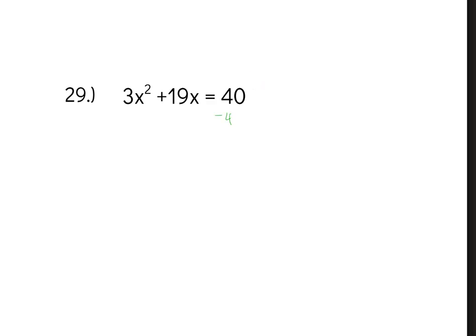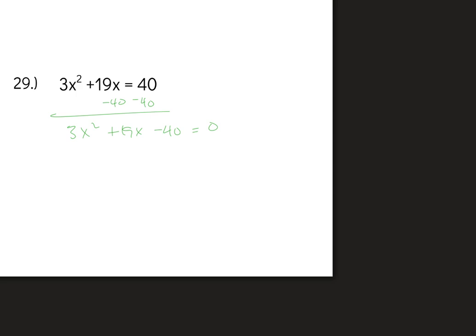Over here, I said it didn't equal 40 or 0, but we can make it equal 0. How? Subtract 40. Pretty simple. 3x squared plus 19x minus 40 equals 0. Shucks, they don't have anything in common, so I've got to do 3 times 40, which is negative 120, and I want it to equal 19. So let's see.